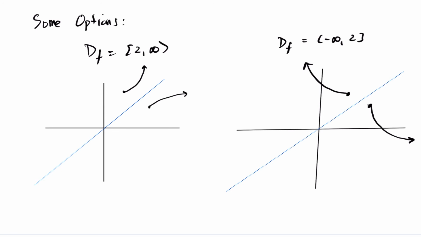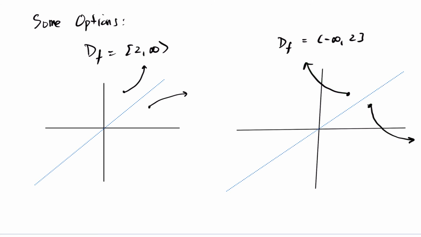Remember our original function looks something like this. By restricting the domain, now we're just considering this part of the function, in which case its inverse would be a function and would look something along these lines. Likewise, you can restrict the domain from negative infinity to 2. Again, you're using that vertex as the breaking point in your quadratic. So I can go from negative infinity to 2, and then the reflected function, the inverse, would exist on this domain.